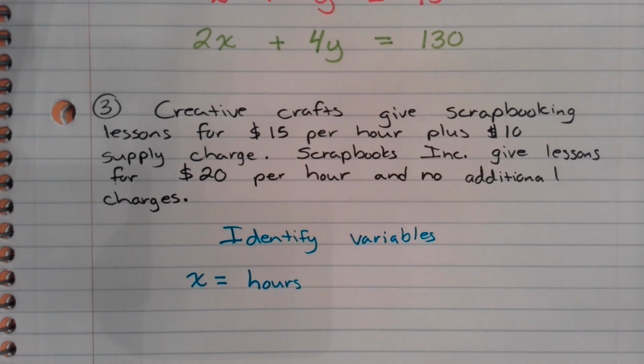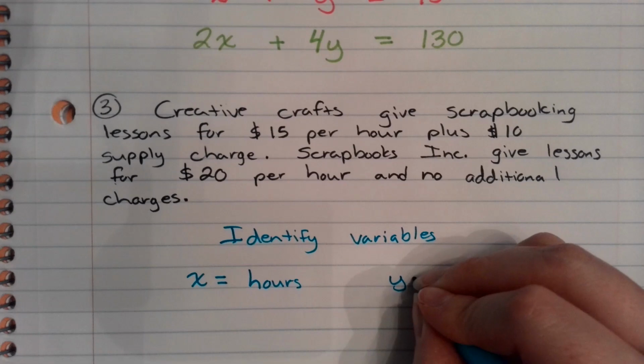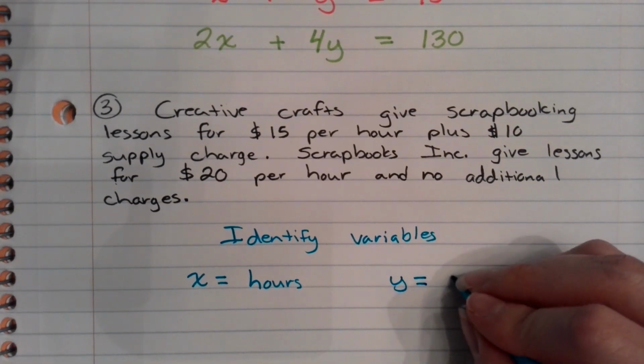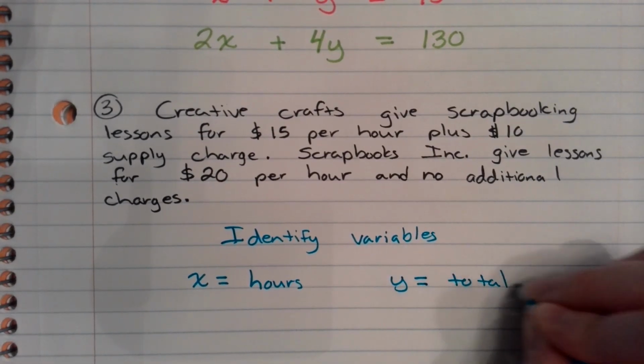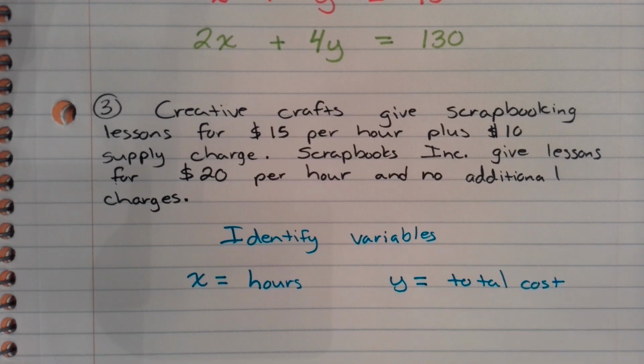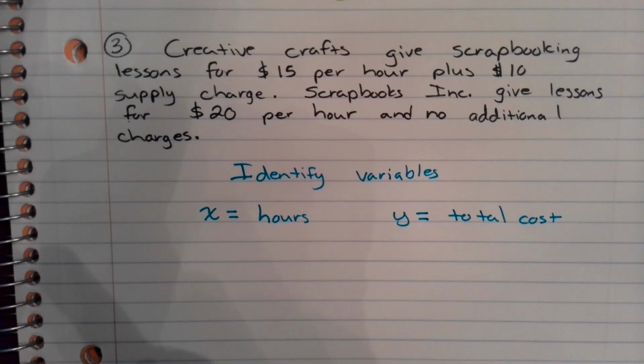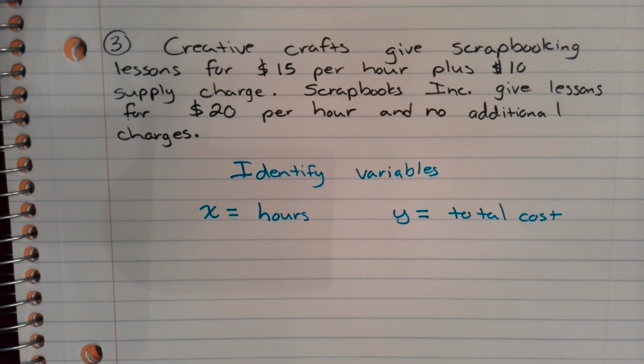And then what's my total cost? What's the total cost going to come out to be? So Y would represent my total cost. And I have two different stores that I'm going to be using. Two different stores that are providing me lessons and a charge.